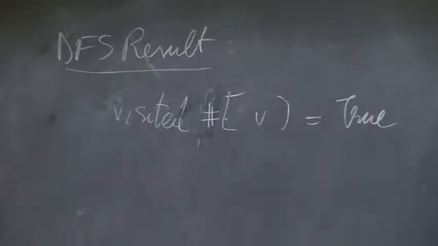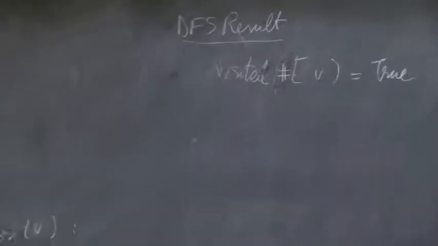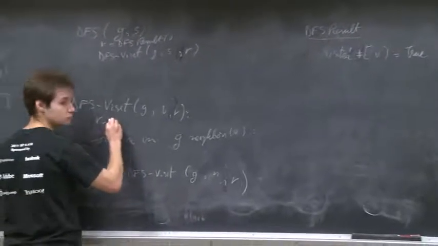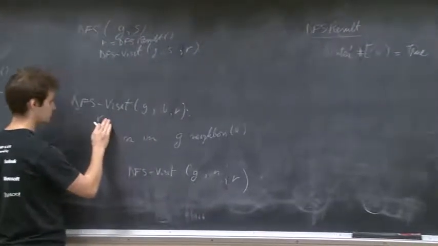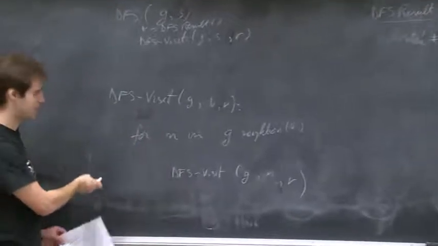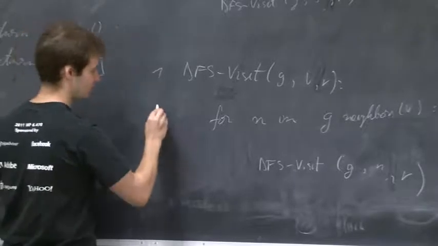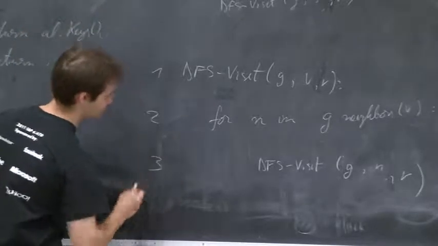Okay, so where do I fill this in? Let's use it. For n in G neighbors, set it to true. But before that, let's say these are lines 1, 2, 3.